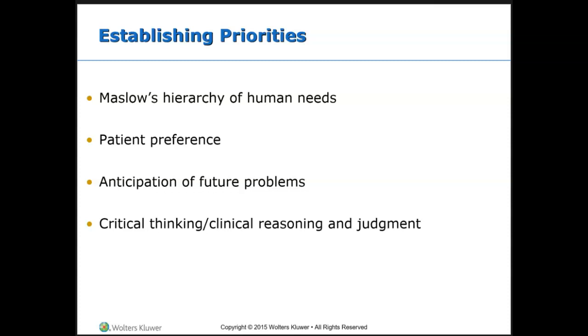What's important information? What is relevant to the health problem? What is unrelated to the health problem? So that we can focus on the ones that are related and get rid of the ones that are unrelated to what's going on, because there's going to be a lot of erroneous information that isn't relevant. And it takes time to figure out what is relevant and what isn't. It's not something that you just walk in and immediately have the answer to, right?